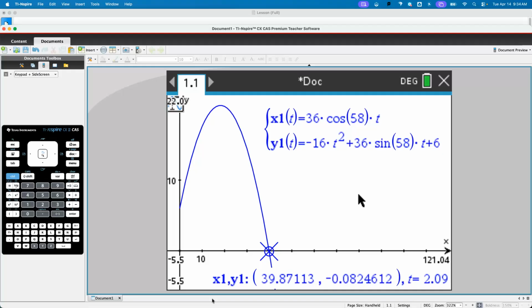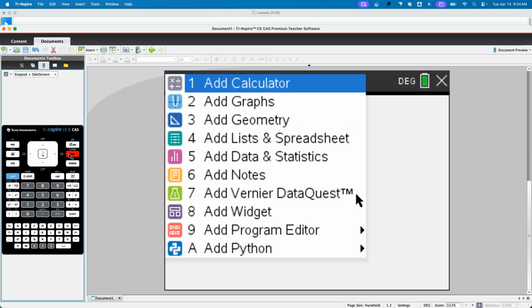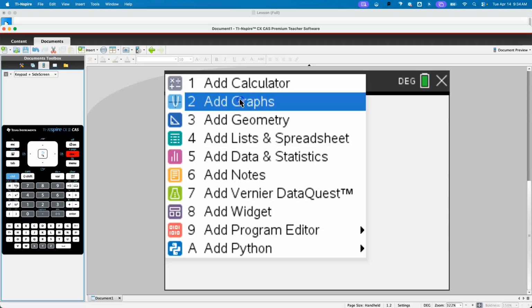Which part of my parametric equation is the height of the ball? It's the y part, right? So what I'm going to do is create a new document, so that's control dot. I'm creating another page on my calculator, and on that page I'm going to add a graph.